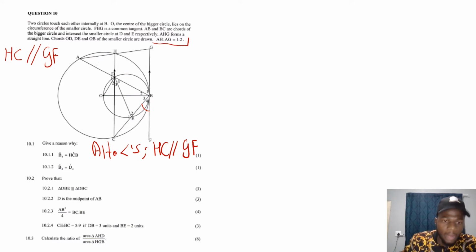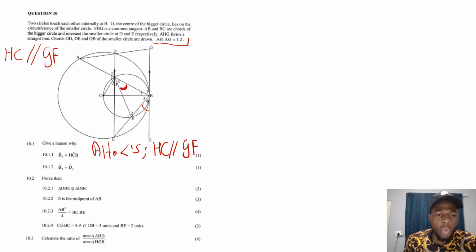It only had one mark. Then prove or give a reason why angle B4 is equal to angle D4. Angle D4 is this one. We are still talking about the very same angle B4, but now it is equal to angle D4. Don't forget, our angle B4 lies on a tangent.